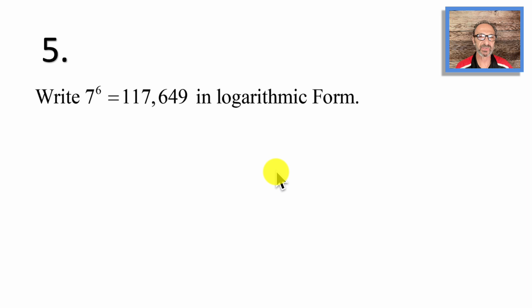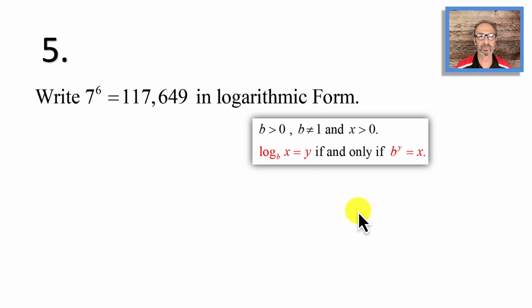Okay, this is the other way around. We do have an exponential form. We need to write it in logarithmic form. Same concept, same formula. So we have this right here, and we have the right hand side. We need to write it in log. So first we start with log base 7. 7 is our base.